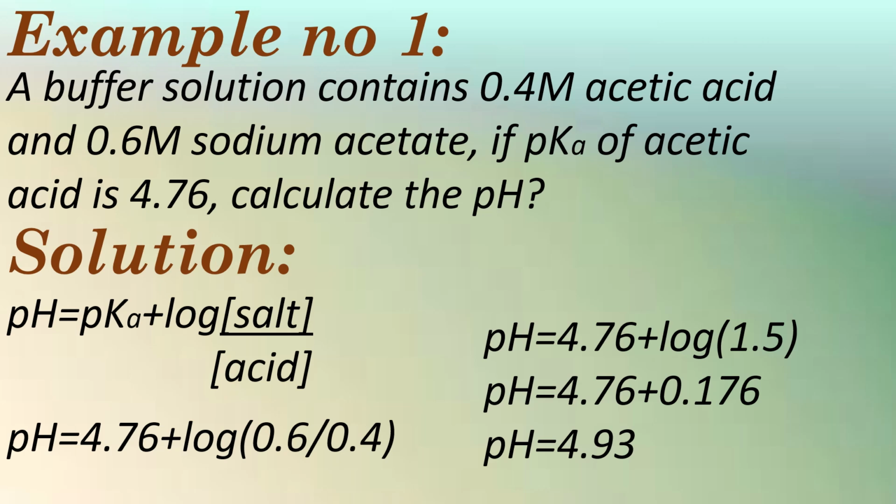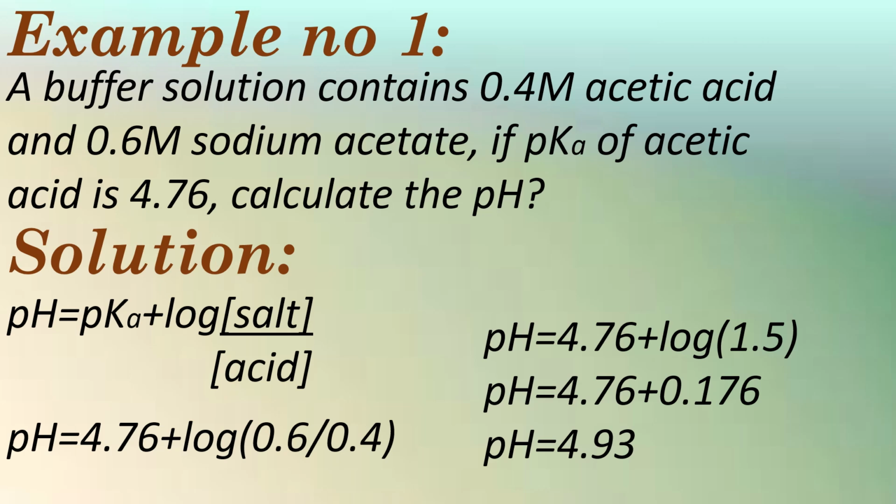This equation is for pH calculation as well as pOH calculation. There are two relationships: pH is equal to pKa plus log salt upon acid, or pOH is equal to pKb plus log salt upon base.